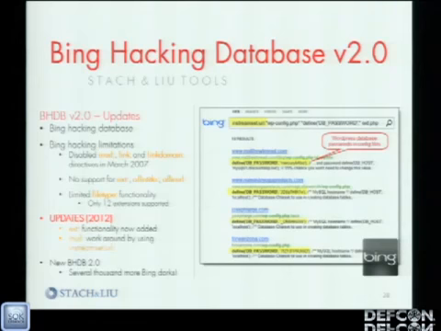Before we released our first Bing hacking database, Bing, or MSN before that, was primarily used for footprinting, finding host names, finding applications or URLs and things like that. And that was because Bing had specifically disabled a handful of features, most notably inurl, which broke like 95% of the Google hacking database. They specifically did it to try to prevent Bing hacking, in the sense of Google hacking, and they did that back in 2007.